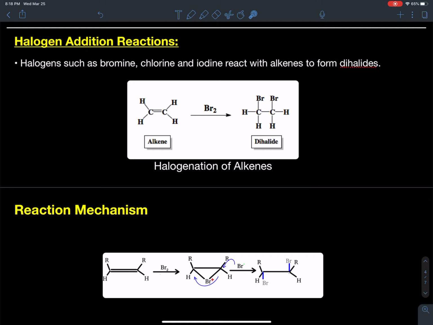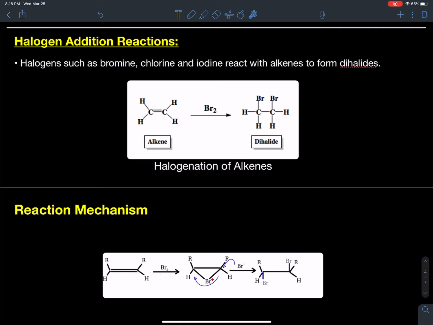Just imagine a molecule of bromine is being added in, and you can see that here the two bromine atoms from that molecule are added in to make a dihalide, and that's a halogenation. So instead of bromine, you can have chlorine, you can have iodine, and it would make a dihalide, so two chlorine atoms or two iodine atoms in the molecule, and that's a halogenation reaction.